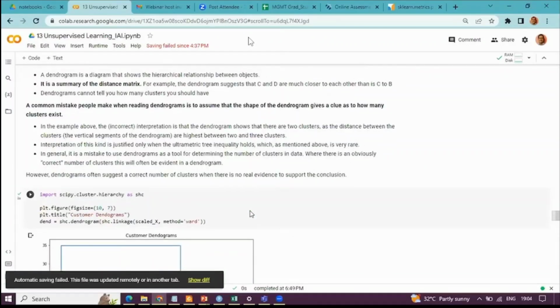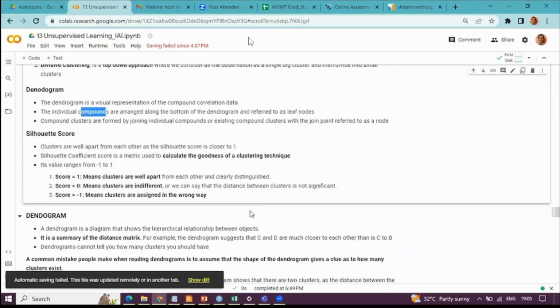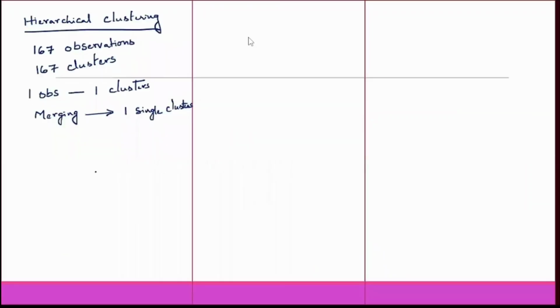Compound clusters are formed by joining the individual compounds or existing compound clusters at a join point. So it can very well happen that initially you will have something like this. This could be my observation 40.